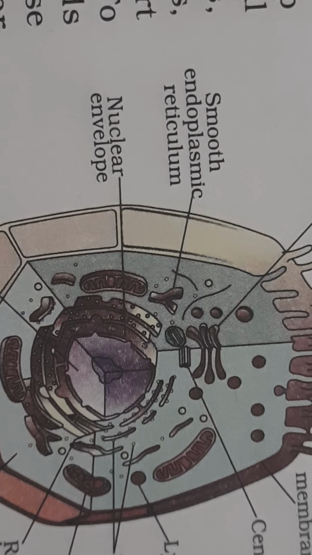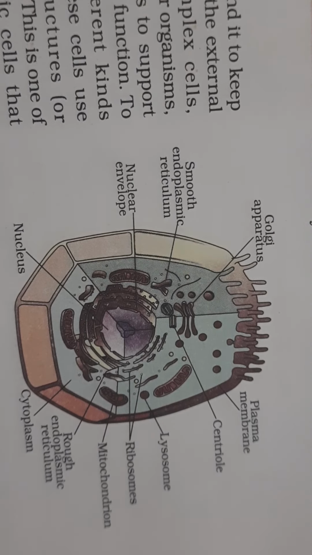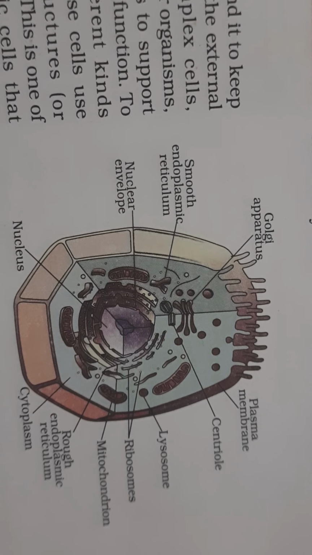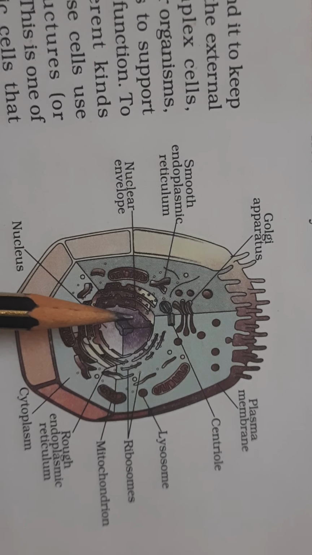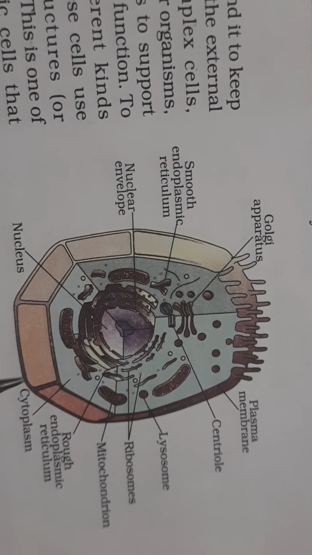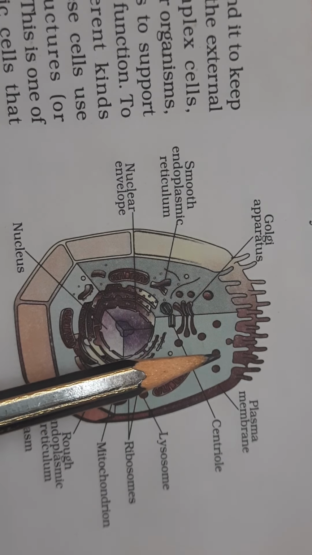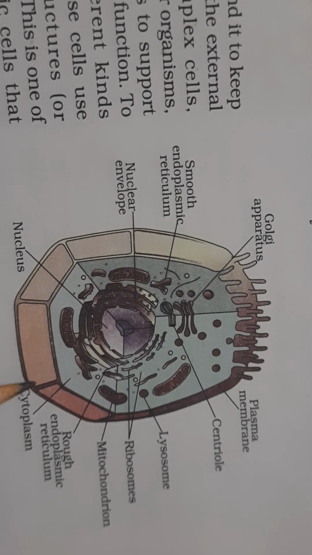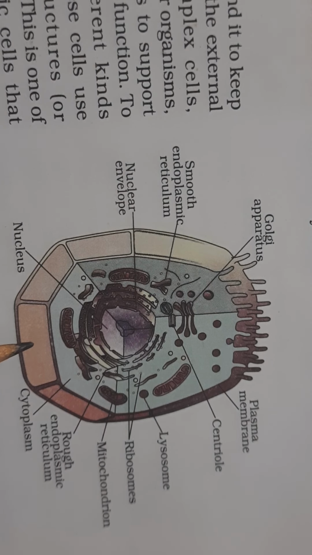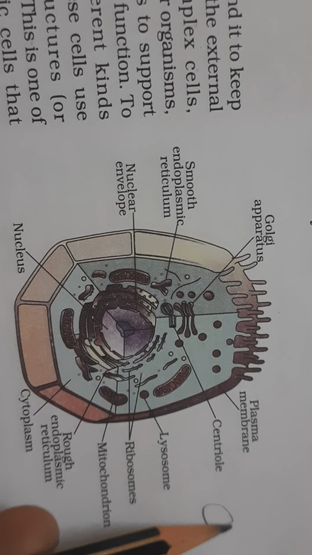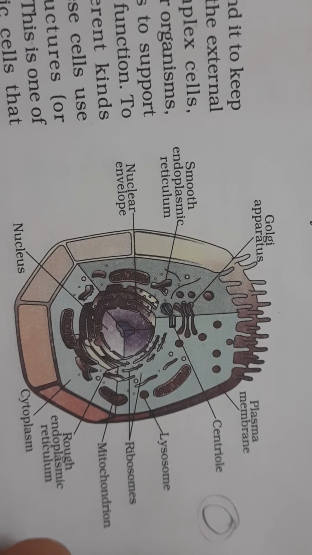Clear? Now we move on to the cell organelles. Every cell has a membrane around it. All the cells, whether an animal cell or a plant cell, have a membrane around them. The reason is so that the cell can keep its contents separate from the external environment. Just now I told you the nucleus has a nuclear membrane so that these substances do not get mixed with other substances.